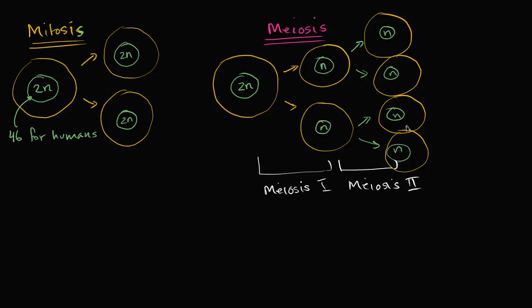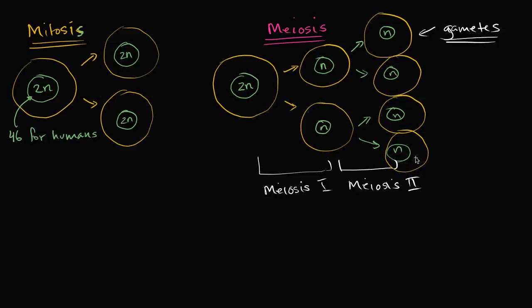And it's important to realize meiosis is not a cycle. These cells that you have over here, these are gametes. These are sex cells. These can now be used in fertilization. If you're male, this is happening in your testes, and these are going to be sperm cells. If you are female, this is happening in your ovaries, and these are going to be egg cells.